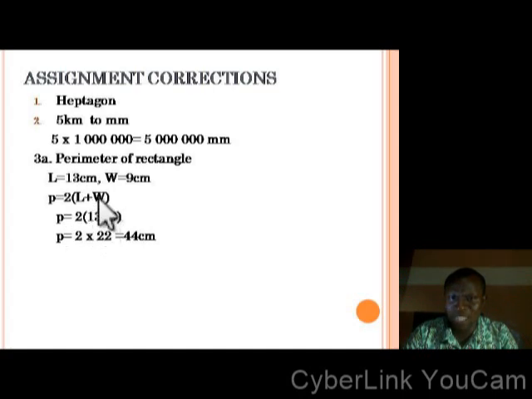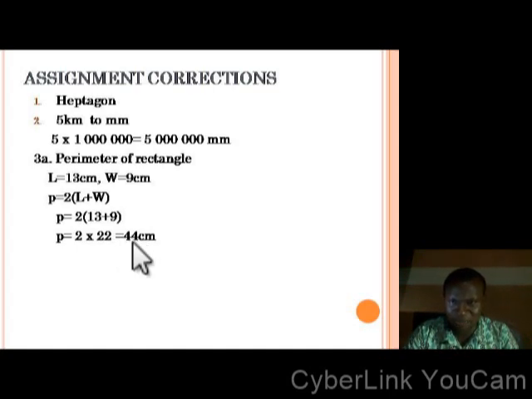In place of our width we write 9. Then we can clear the bracket. Remember that this bracket means multiplication between 2 and the bracket. So we have our 2 here. 13 plus 9 will give us 22. So 2 times 22 will give us 44.